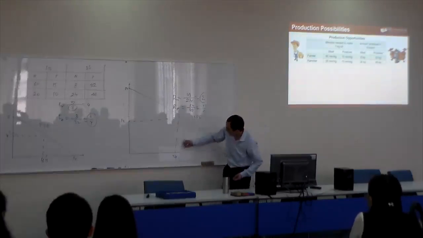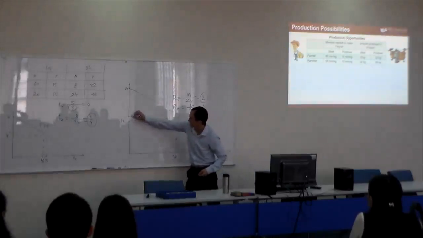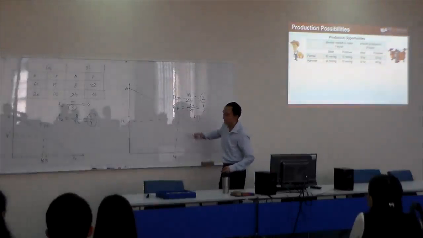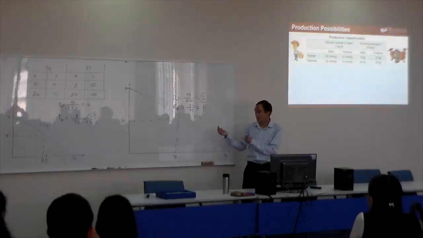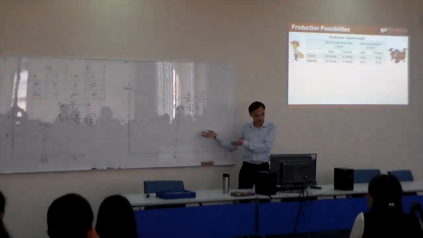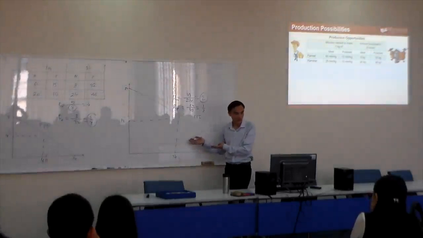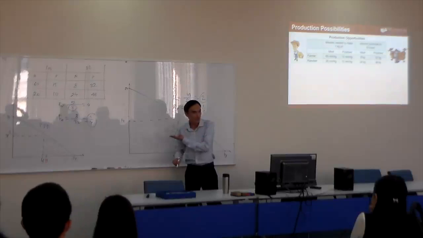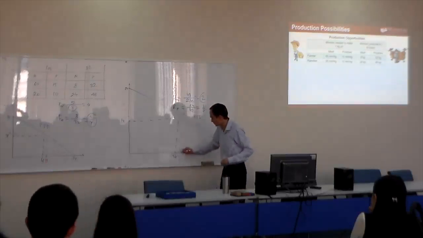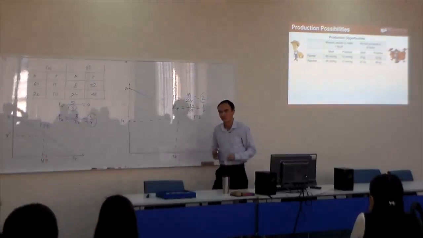So now if you look, in both cases both the rancher and the farmer can consume more. Because this rancher is very smart, he's gaining even more: 1 kilogram of meat and 3 additional kilograms of potatoes.